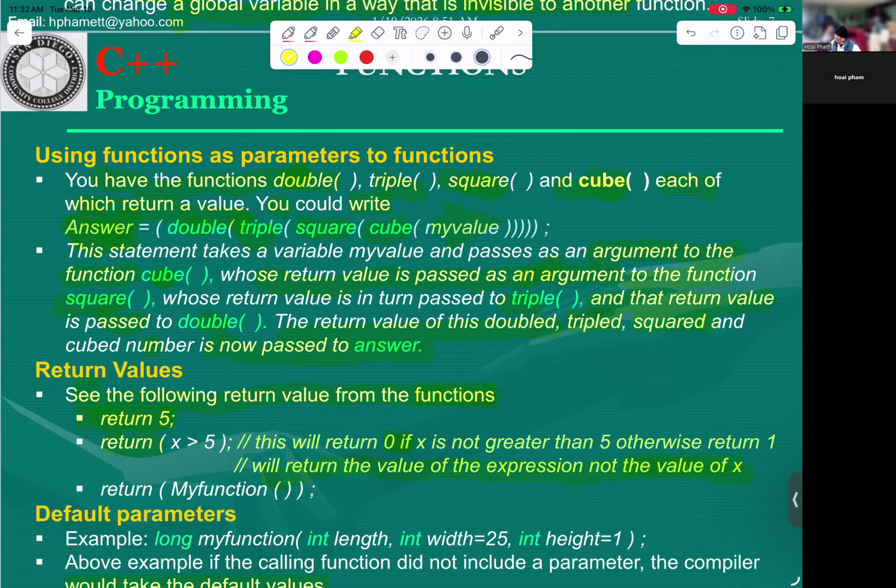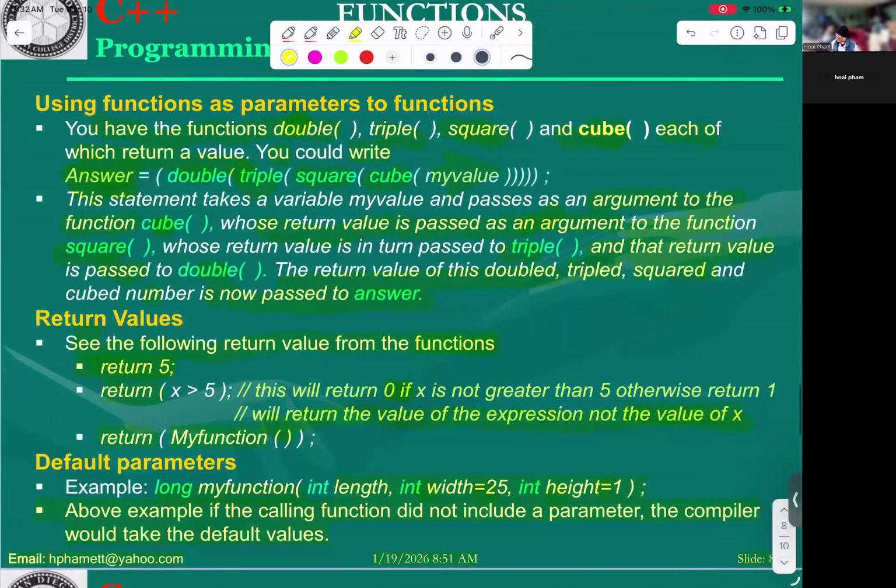Default parameter. Example, my function with integer length, integer width equal 25, integer height equal 1. Okay?